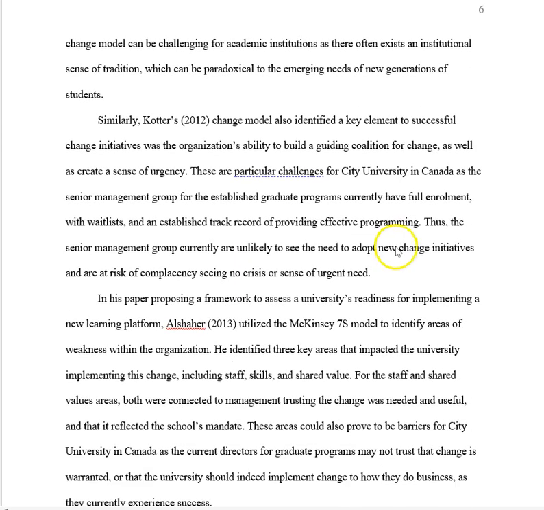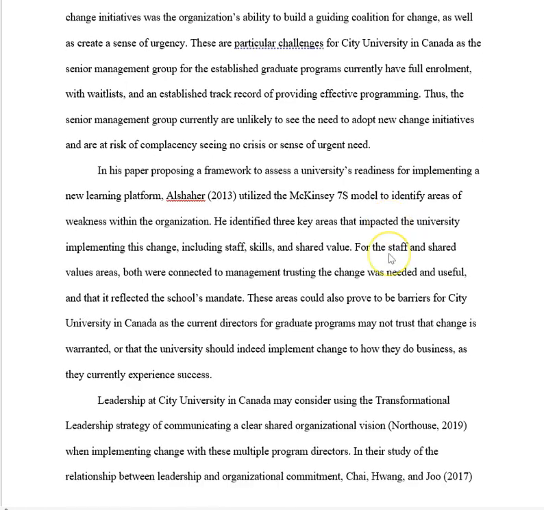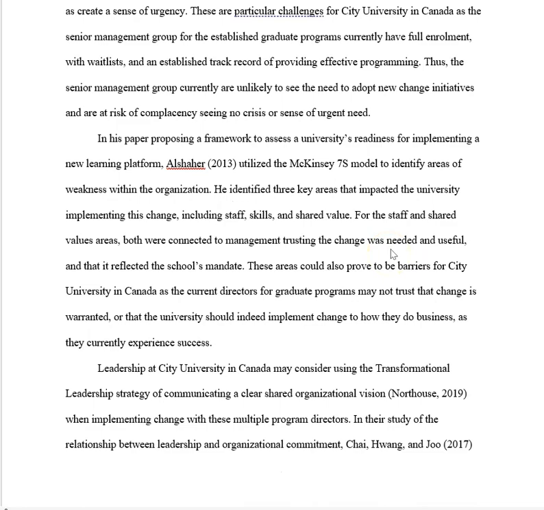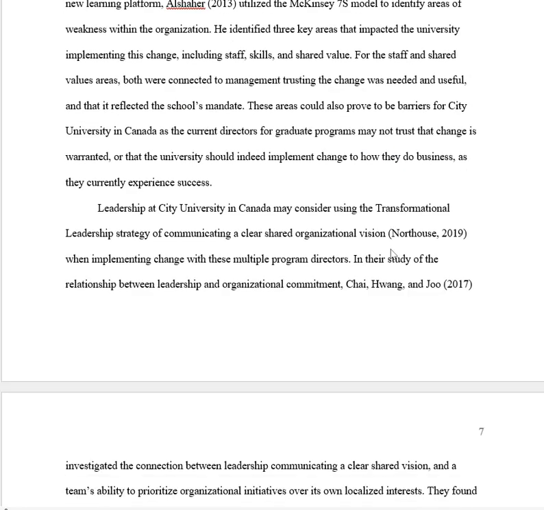So in this section, the author should have done some research on things that don't help organizational change, but actually push against it or make organizational change a little more difficult, and then been able to analyze what's going on in the organization that may have some of these factors that could have caused change to be challenged a little bit.